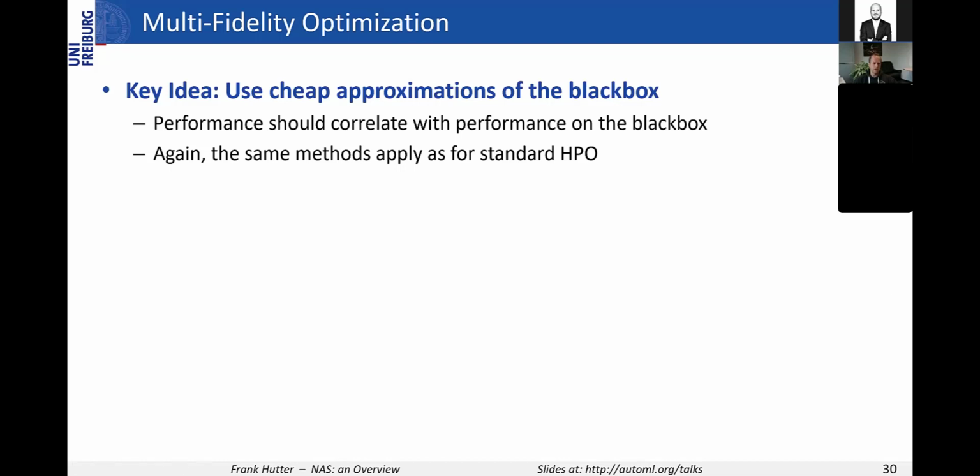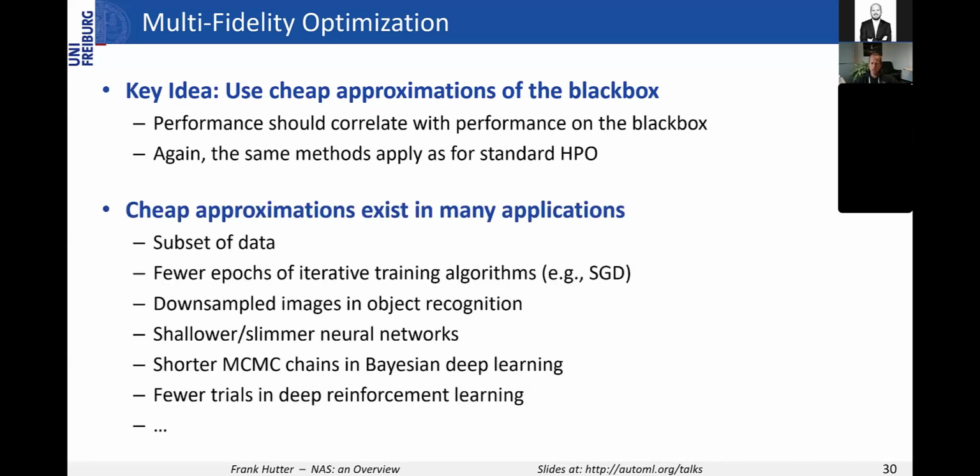The main thing you want is that the performance on your cheap approximation actually correlates with the performance on the black box. And the performance on the cheap approximation doesn't necessarily need to be very good. It can be pretty crappy as long as the methods that do best for the cheaper approximation also do best for the expensive black box. Then you can basically do a lot of the optimization on the cheap approximation and then move the results over to the expensive one.